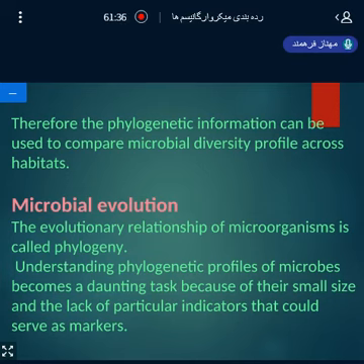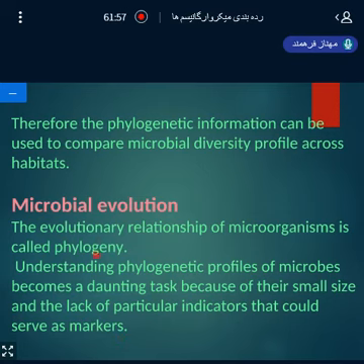The evolutionary relationship of microorganisms is called phylogeny. Understanding phylogenetic profiles of microbes becomes a daunting task because of their small size and the lack of particular indicators that could serve as markers.